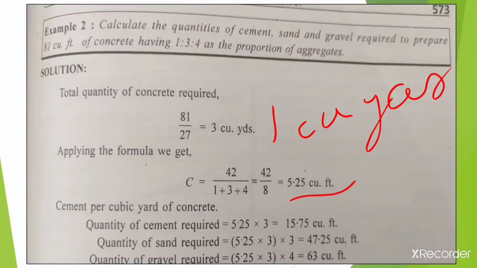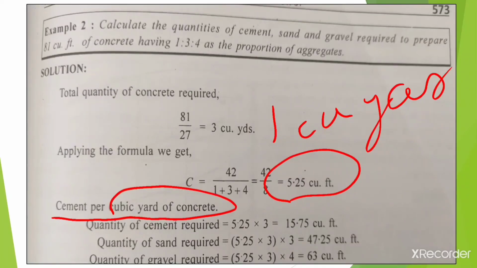This quantity of the cement, that is in cubic feet, is per cubic yard of the concrete. So for 1 cubic yard the total cement that is present in that concrete is 5.25 cubic feet, but here we have 3 cubic yards.